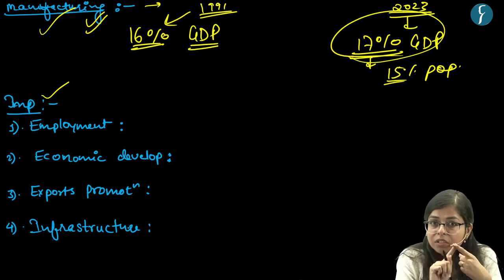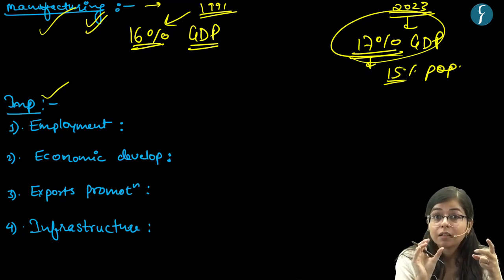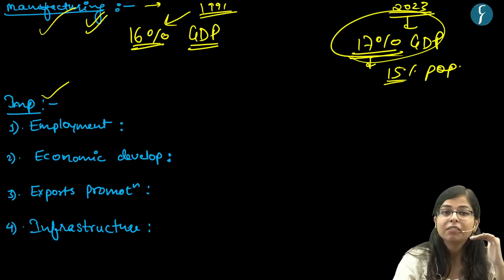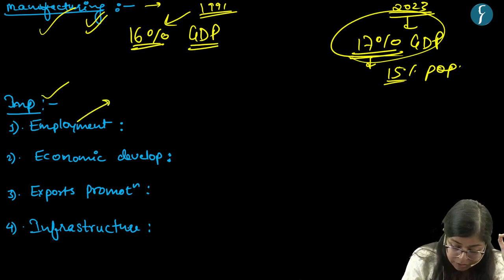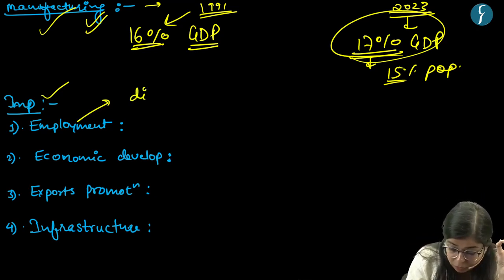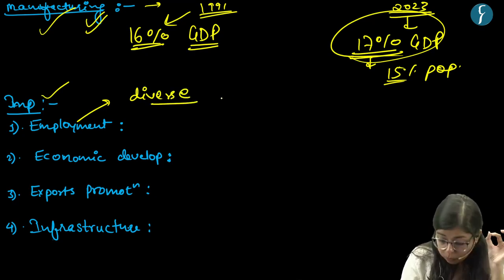See, one distinguishing feature between the manufacturing sector and the services sector is that the services sector to a large extent provides employment to skilled workforce, right? But the same thing is not true with the manufacturing sector, as it has the potential to provide employment to diverse sections of population.